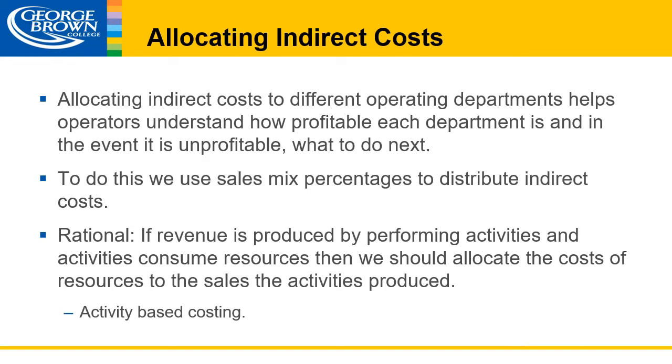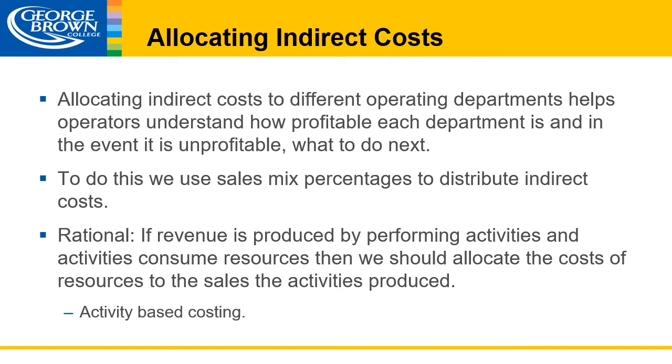If we were to assume the most profitable department absorbs all of the fixed cost, then it's not quite an accurate picture of our organization, but also it may inflate the earnings of the other operating department, which is not good.